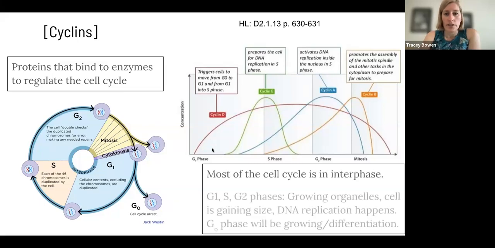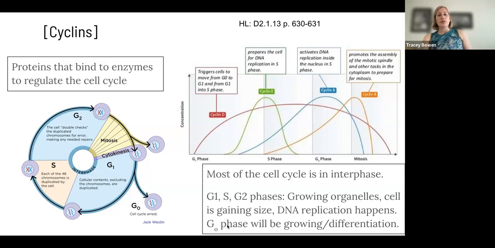Most of the cell cycle is in interphase. In G1, S, and G2 phases, we have growing organelles, cells gaining size, and DNA replication happening. G0 phase is going to be a growing or differentiation phase. And so as opposed to getting ready for replication, it's going to be in a cell cycle arrest.